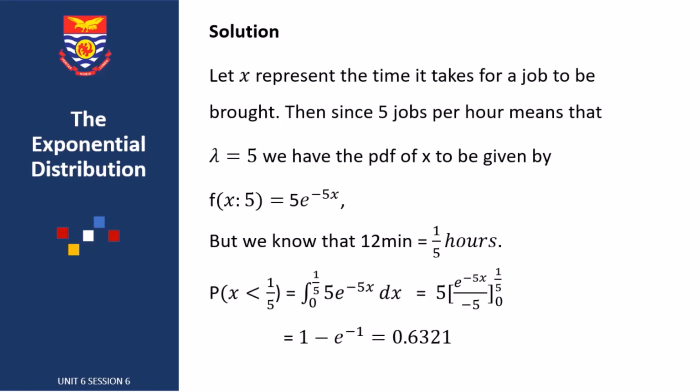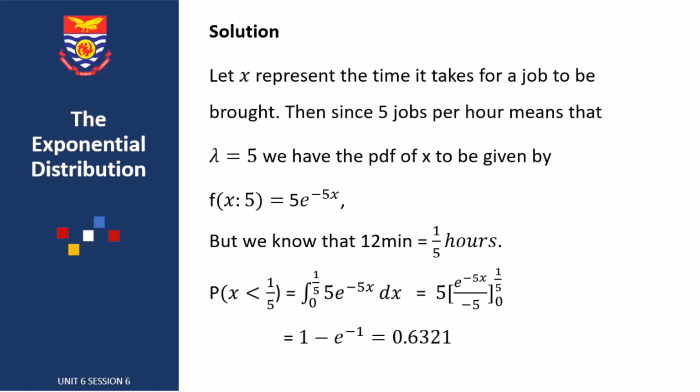If X represents the time taken for a job to be brought, then since 5 jobs per hour means that lambda equals 5, the PDF of X is obtained by just substituting the 5 into the distribution, because lambda is the rate.